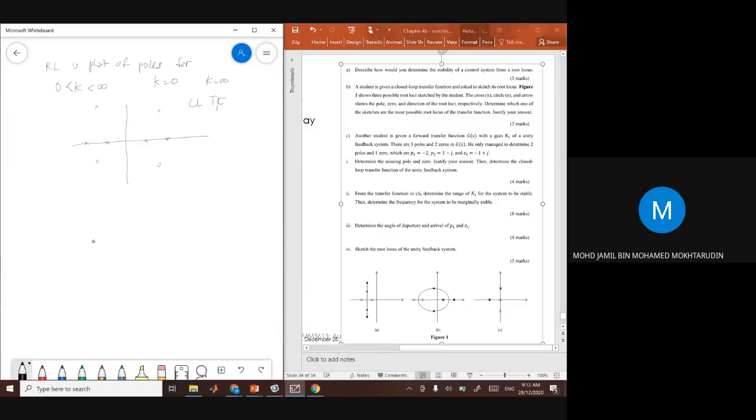So you can say that at k equals 0, if root locus lies on left hand side of S plane, system is stable.